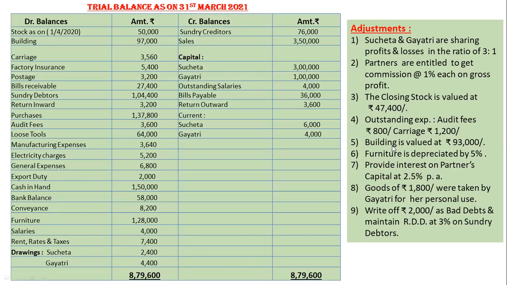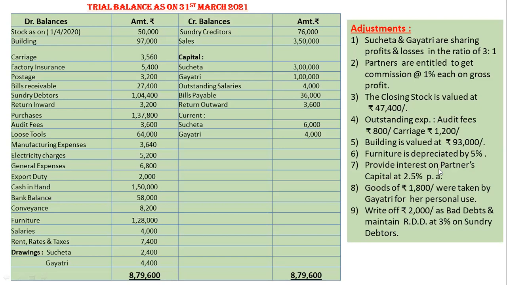Fifth adjustment: building is valued at rupees 93,000. It shall be given number five. The first effect would be taken in the profit and loss account debit side treated as depreciation, and the second effect shall be shown as a deduction in the balance sheet asset side from the item of building.